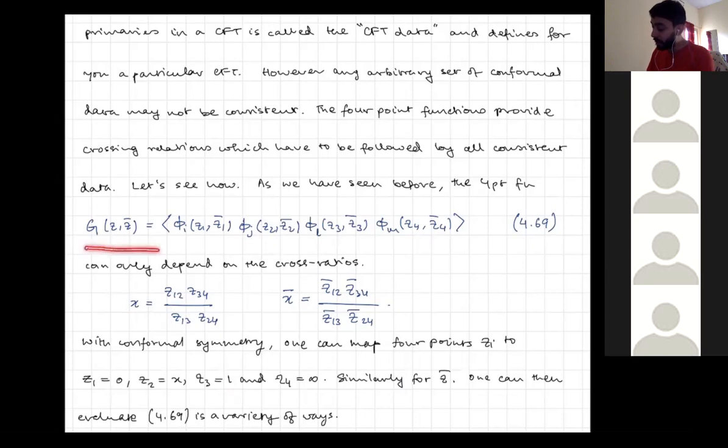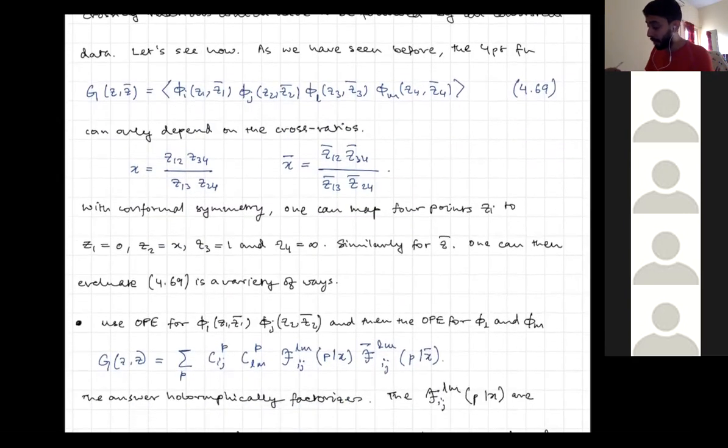Now, this particular function you can actually evaluate in a variety of ways. Remember, you're doing an OPE-like thing. As you remember, the ordering out here is not important, right? All of these things can go through each other if you wish, and these are also not fermionic fields, so you will not pick up signs. For example, you could first look at the OPE of phi_i with phi_j and then phi_l with phi_m.